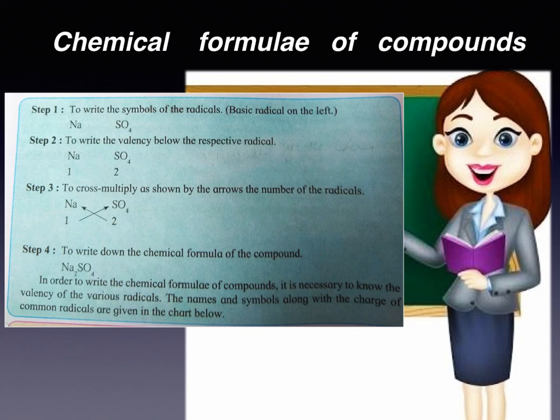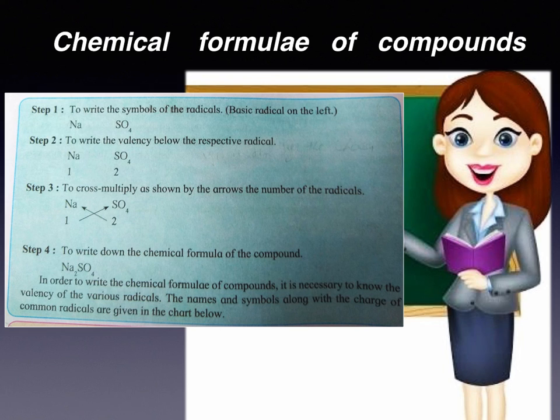Here in sodium sulfate, sodium is the cation, so the basic radical is written on the left hand side, and the anion, sulfate, the acidic radical, is written on the right hand side. The next step is you write down the valency of each radical. For instance, 1 is the valency of sodium, so you write 1 below sodium, and 2 is the valency of sulfate, so you write 2 below sulfate.